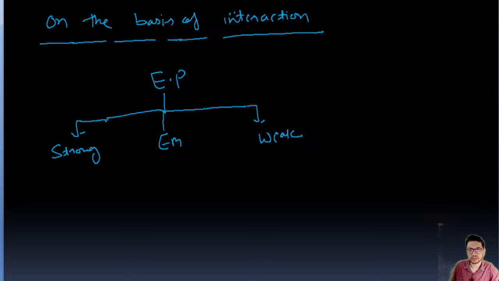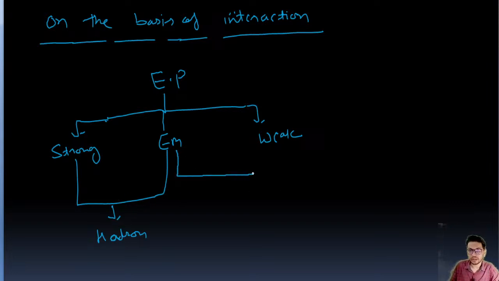For strong and electromagnetic, there is hadron, guys. And for electromagnetic and weak, the elementary particle is lepton. So leptons are weak and electromagnetic, and for strong and electromagnetic, there are hadrons.